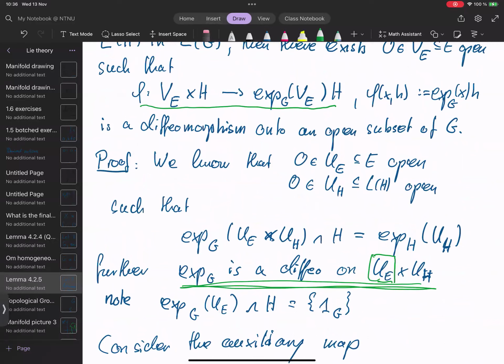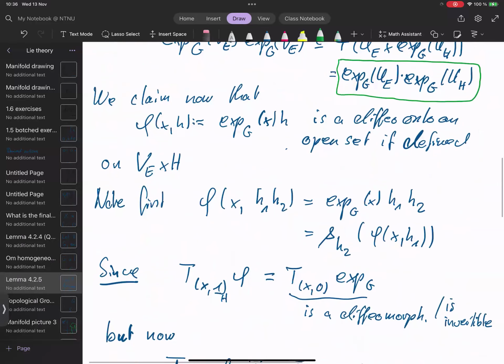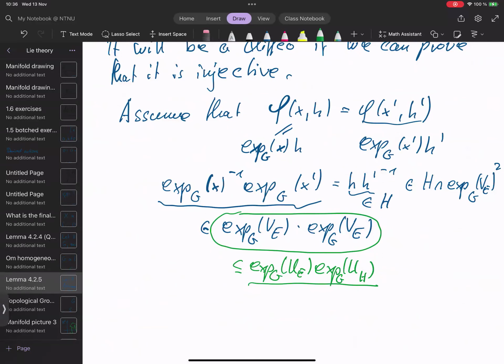If we have exp of UE times UH and we intersect this with H, it's the same as exp applied to UH. So the intersection of exp UE times exp UH with H is contained in exp_G of UH.